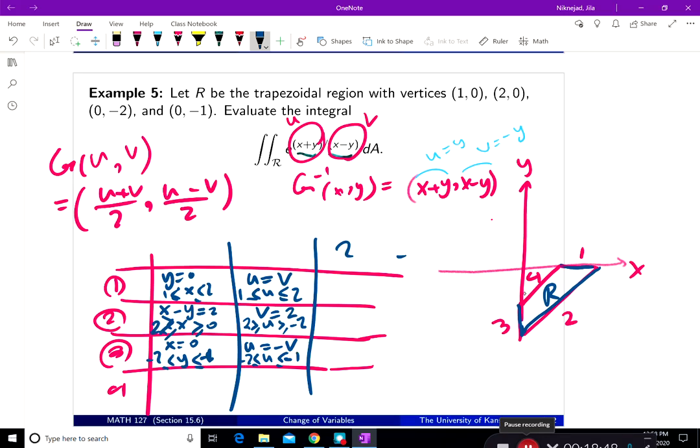The last one is number 4, and when I'm trying number 4, I see that 4 is x minus y equal to 1, and x runs between 0 and 1.